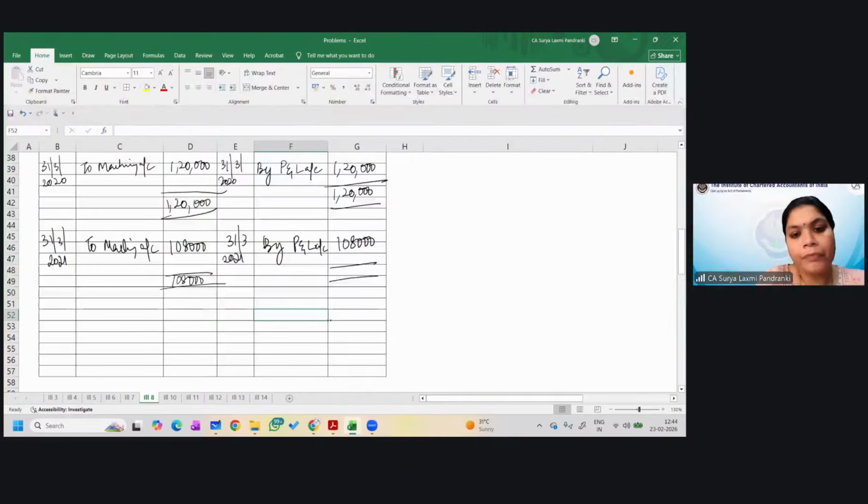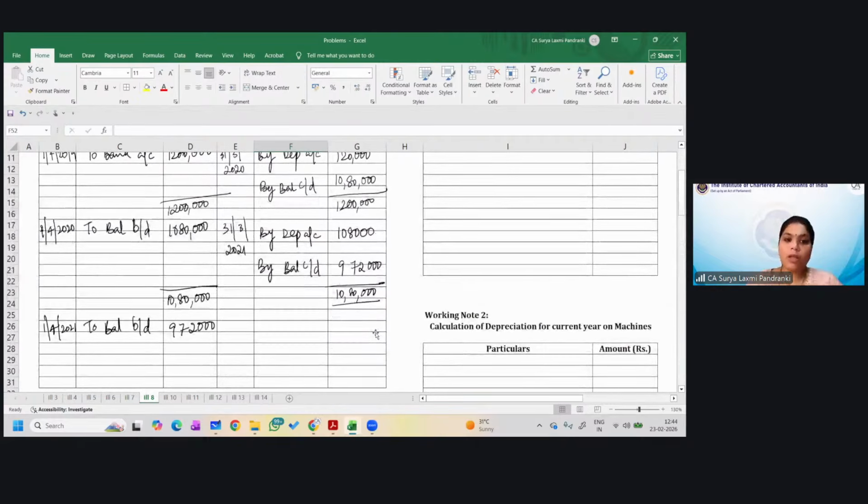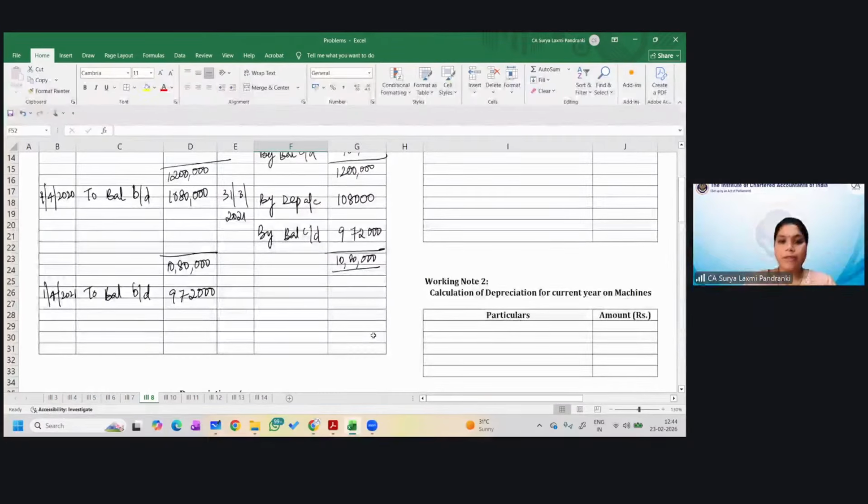Are we done? They asked us to do it for 2020 and 2021, 2022 also. Now till 2021 we have finished. Let us do 2021 and 2022 now.